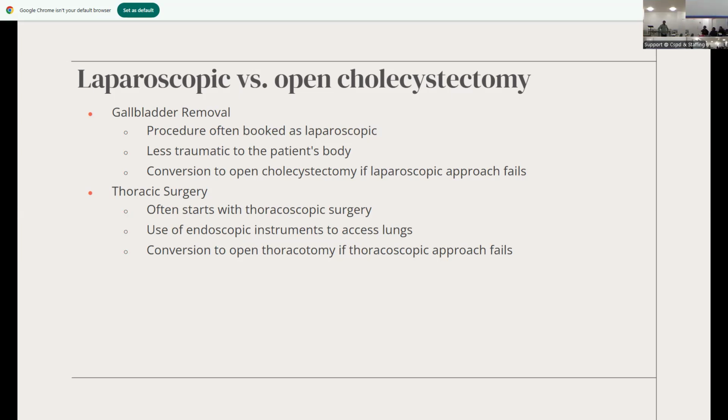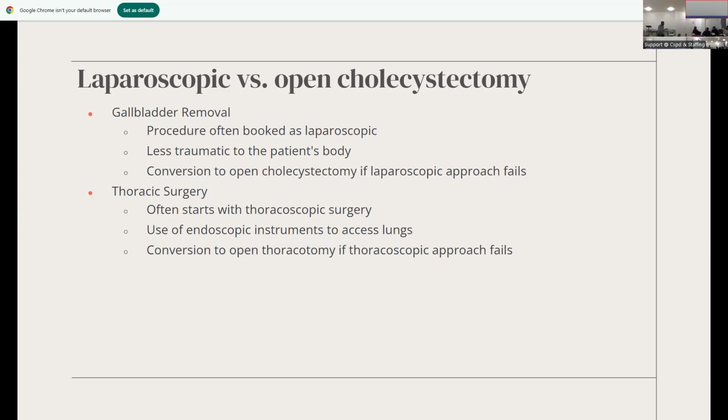So the procedure is often booked as laparoscopic, which is less traumatic to the patient's body. They just use a knife blade to puncture a small hole, and then they use the instrument to go in there, connected to a monitor, so they see it.